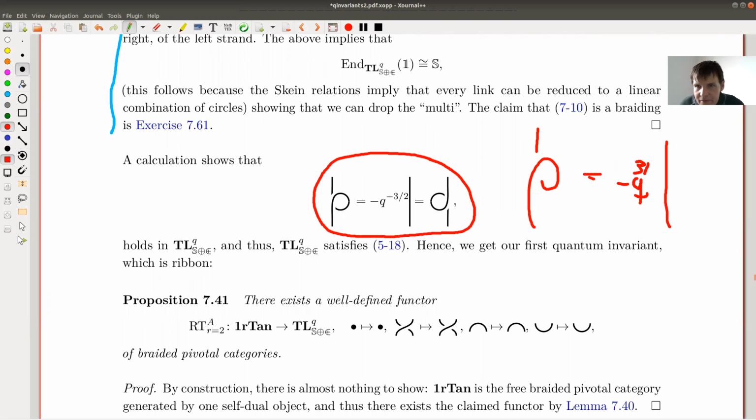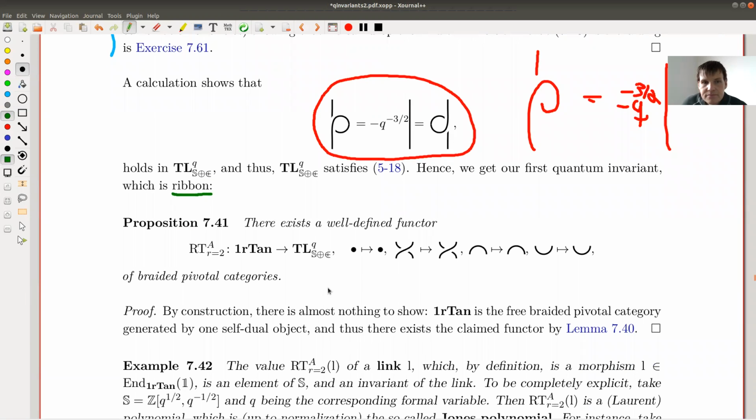You can basically pull kinks straight. So this is actually a ribbon category. It's not just braided, but also ribbon, which in the end means the following funny thing.